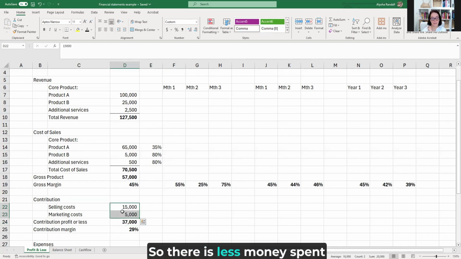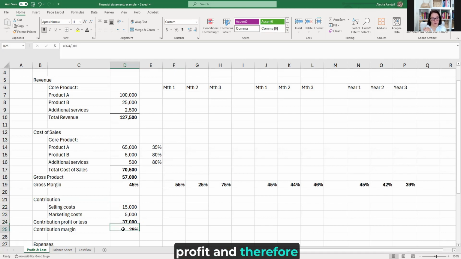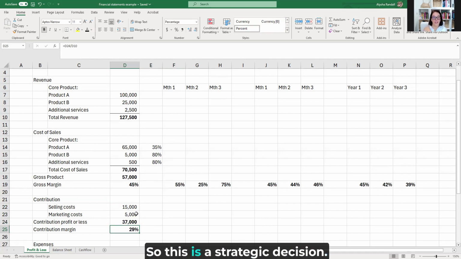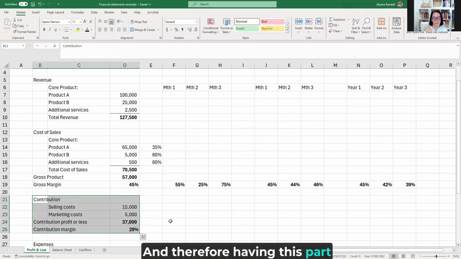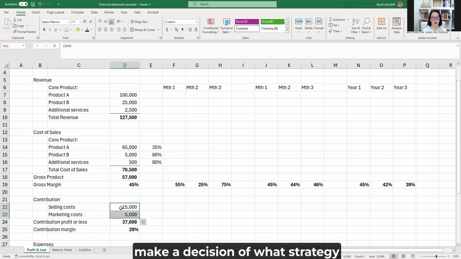So there is less money spent here and you have a contribution profit and therefore contribution margin. So this is a strategic decision, and therefore having this part broken out makes it much easier for you as a founder and your leadership team, and maybe not the board necessarily because it's more operational, to make a decision of what strategy you're going to go with.